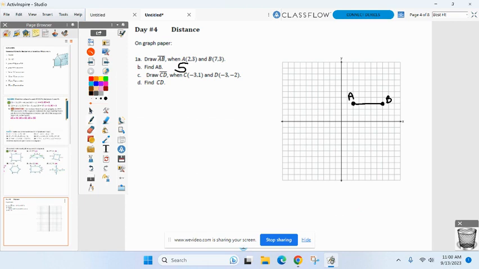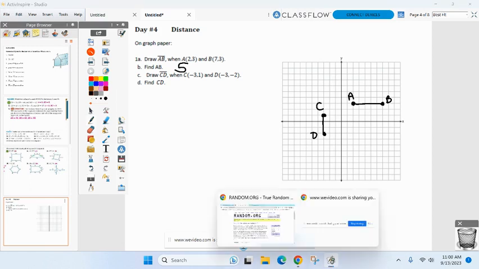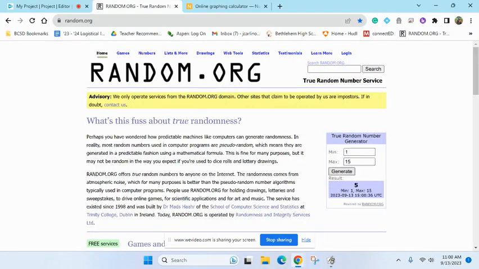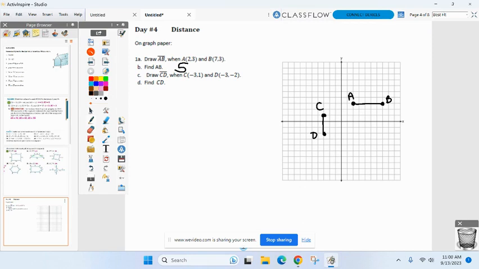Go ahead, draw line segment CD with the new endpoints (-3, 1) and (-3, -2). And how about the length there? 3 units. Good job.